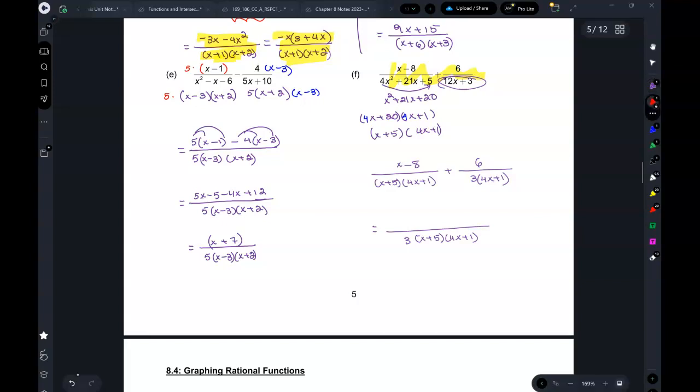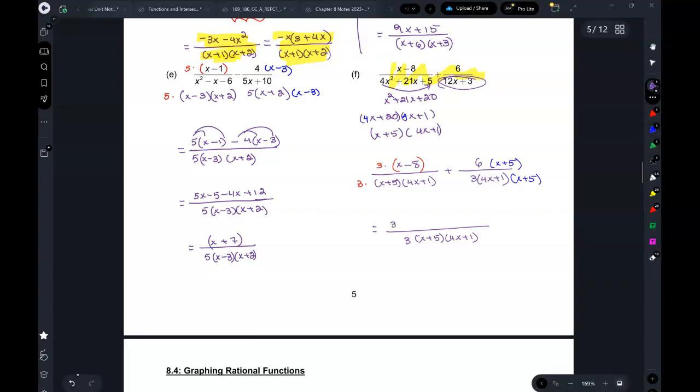Okay, the first denominator. Compare it with this new denominator. What does it need? A factor of 3. Don't forget the parentheses. Here, what can I multiply by to make it look like this? X plus 5.